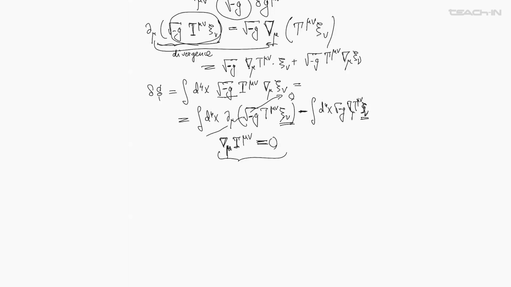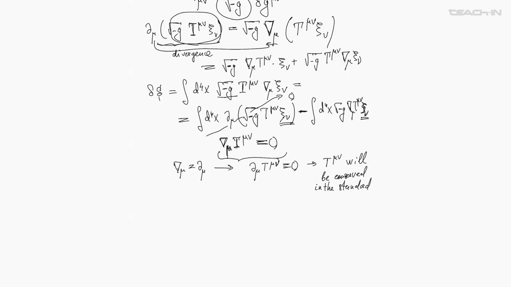And from this expression, you deduce that on a flat background, this covariant divergence should go to the usual divergence, which means that on a flat background, T^{μν} will be conserved in the standard sense. Its usual divergence vanishes.